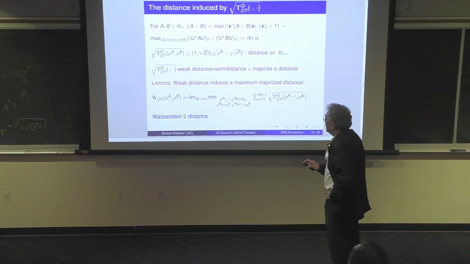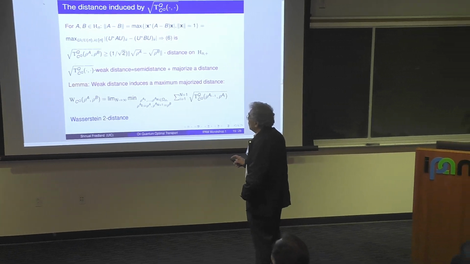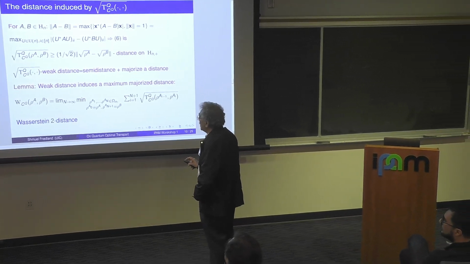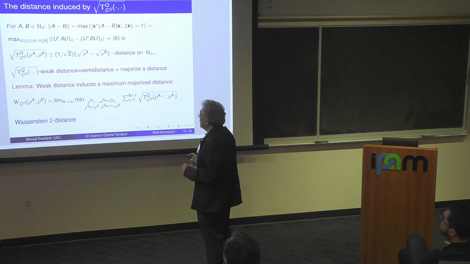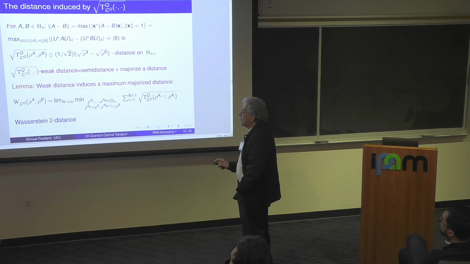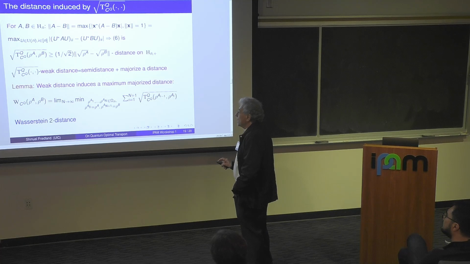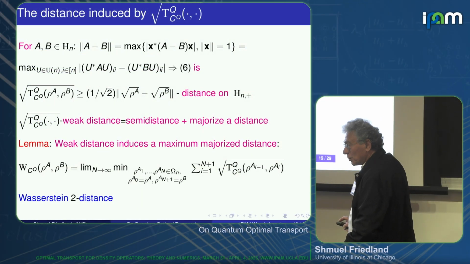Once you know that, we call something a weak distance if it's a semi-distance and majorizes the distance, and then it's easy to show that this one induces a true distance, which is the biggest distance that majorizes this one, given by this formula. And so we call this the Wasserstein 2 distance.